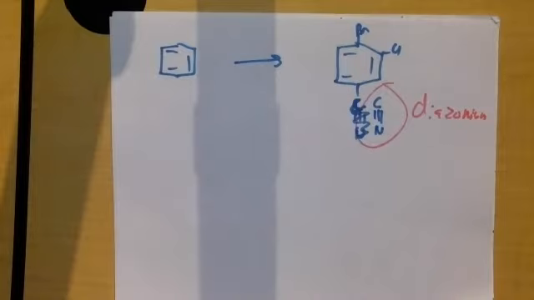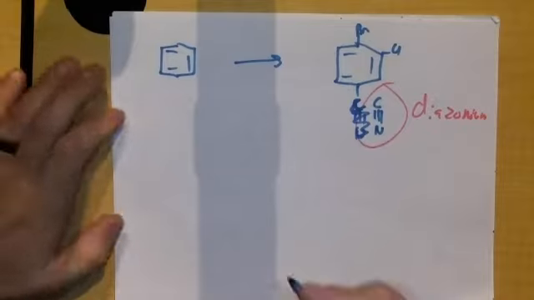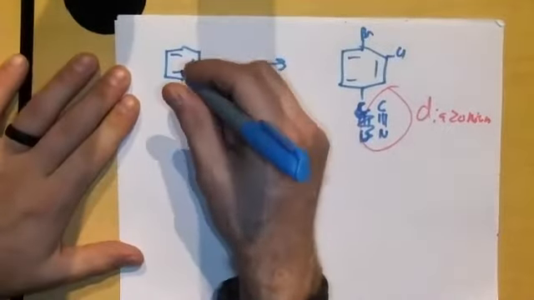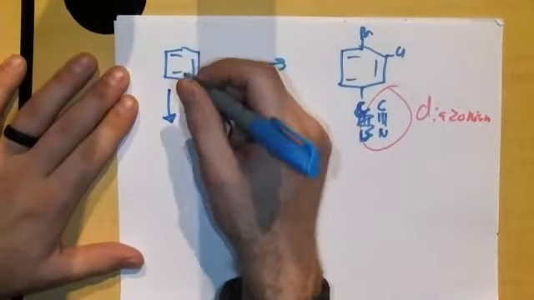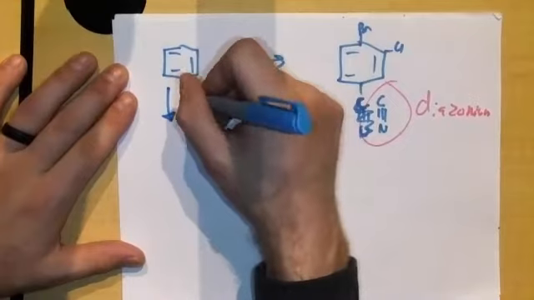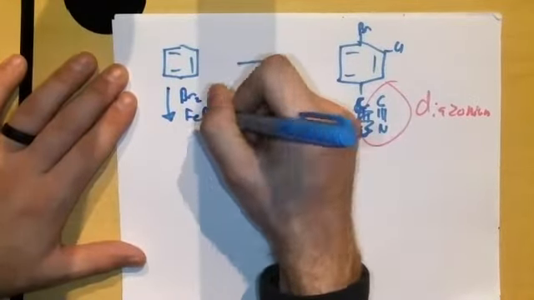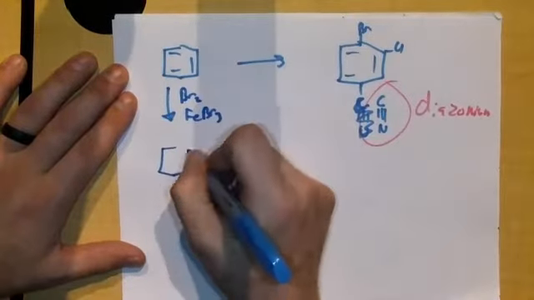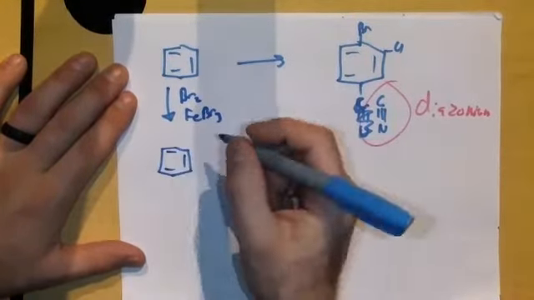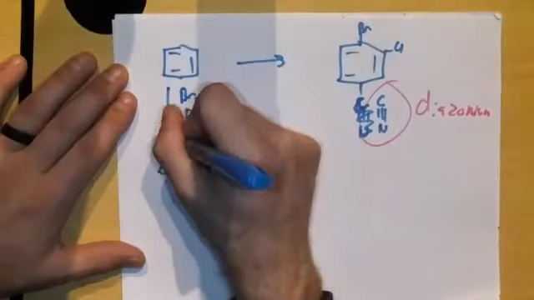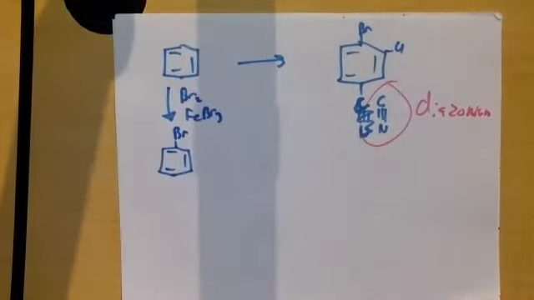I'm going to start off by doing bromination first. You could also do a nitration first, and I'll go over that in a second, but let's do the bromination first. So we throw in Br2 and FeBr3. We could brominate.